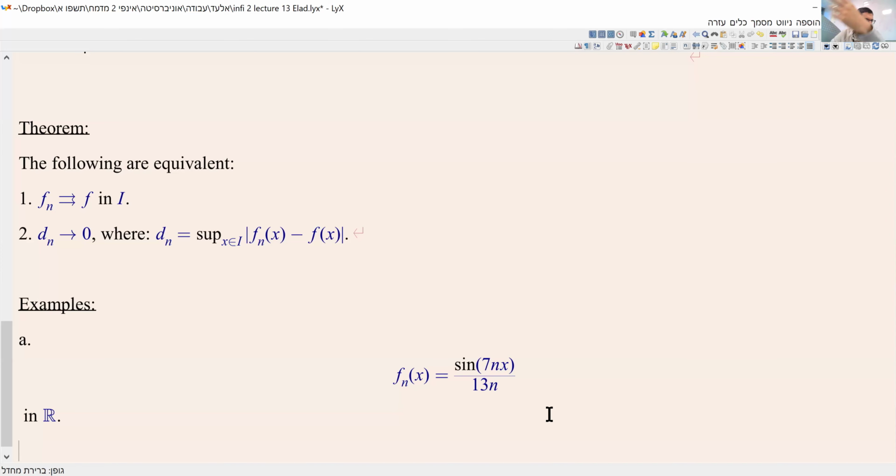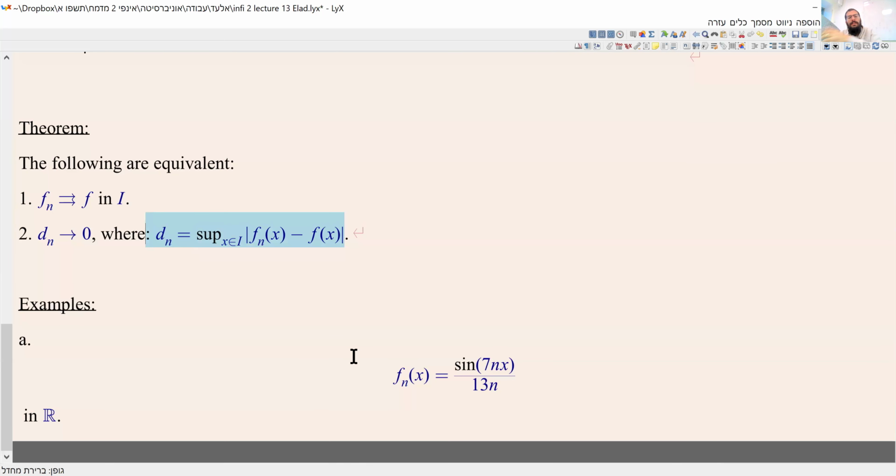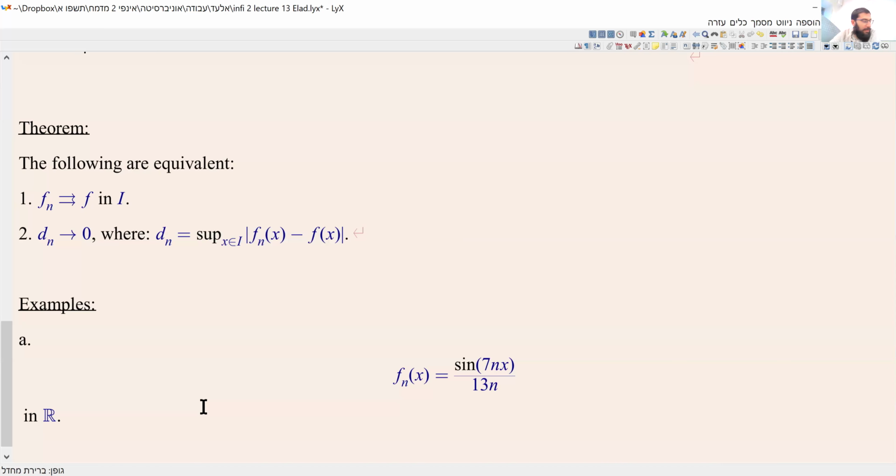So, as I defined it, we first of all need to find the limit function f in the pointwise convergence, and then check if this dn, whatever it is, tends to 0, yay or nay.